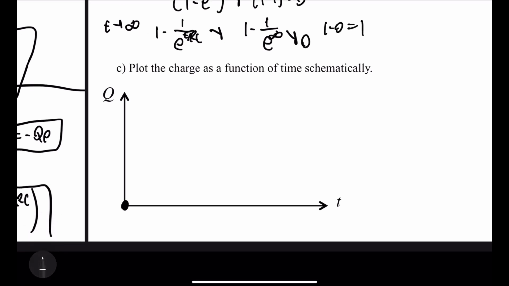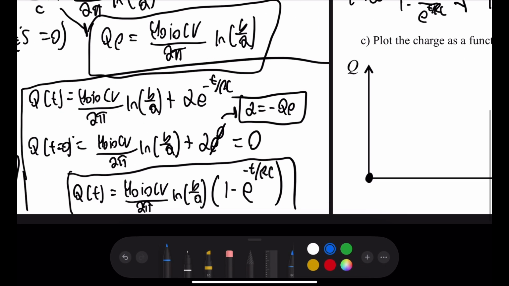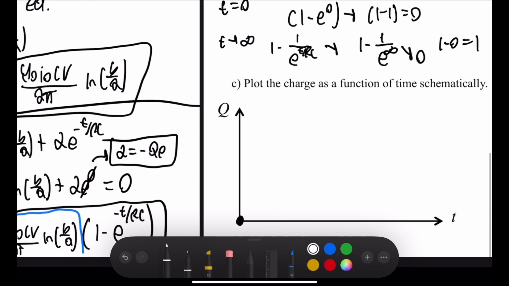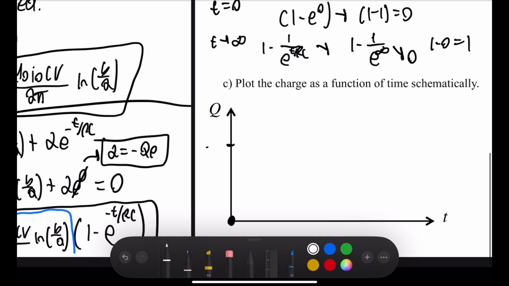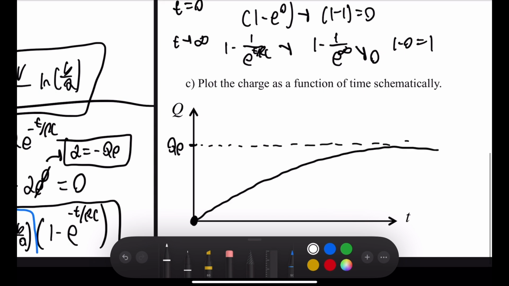So as time goes to infinity, it's eventually going to equal all the constants in front, and all of this is QP. So at some point, it's going to get to QP. I just write QP. It looks something like this. That's it.